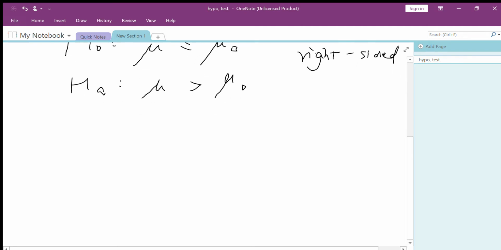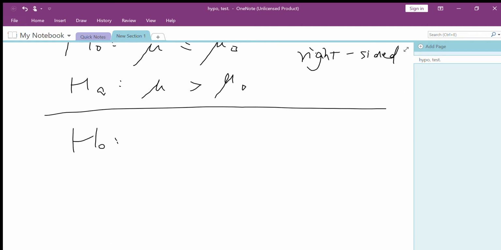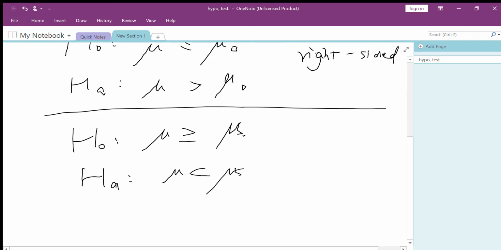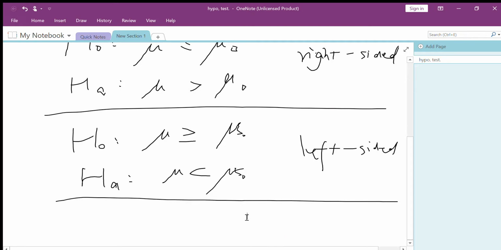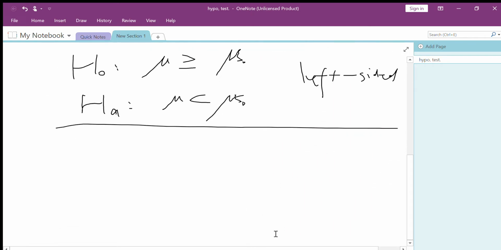The second type of hypothesis is H null, mu greater or equal than mu 0, H alternative, HA, mu less than mu 0, and this is left-sided hypothesis.